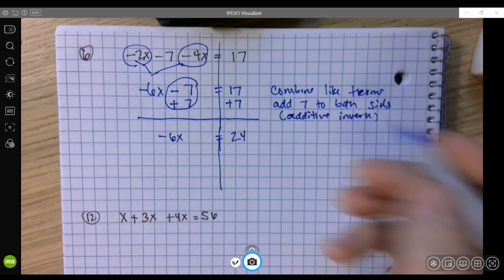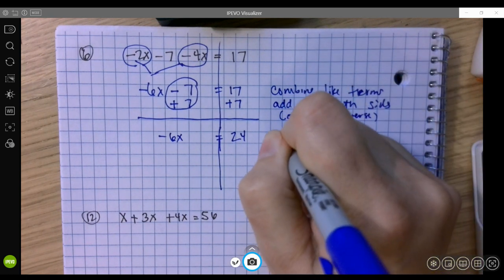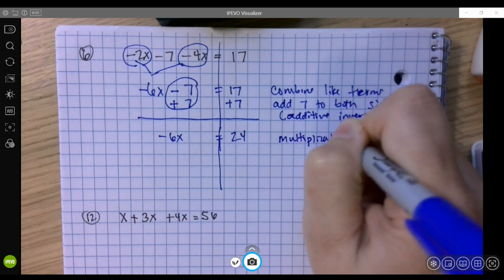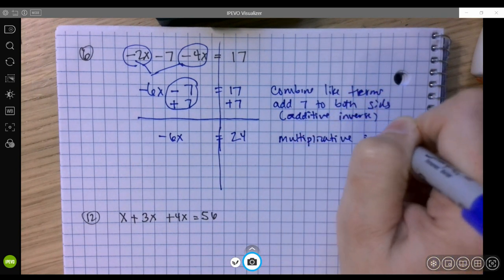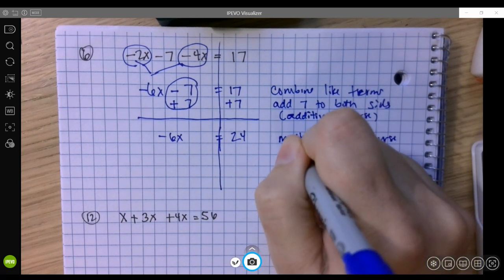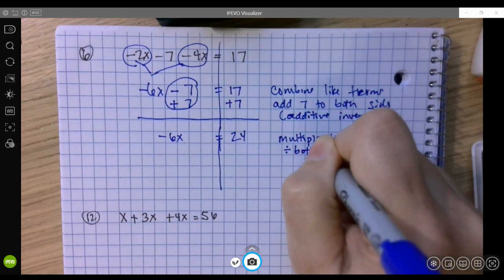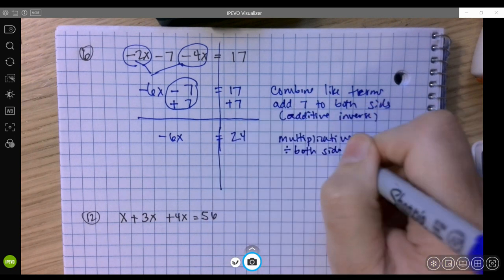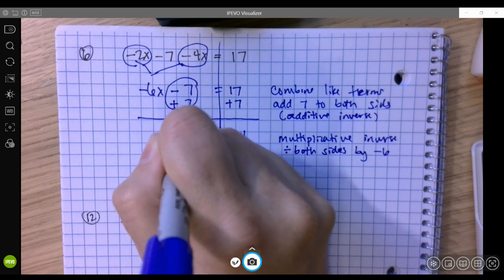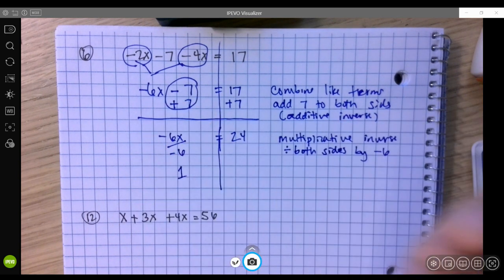And now I'm going to use the multiplicative inverse. Multiplicative inverse is, for this case, dividing both sides by negative 6. If I divide both sides by negative 6, then I get to 1x, which is what I want.